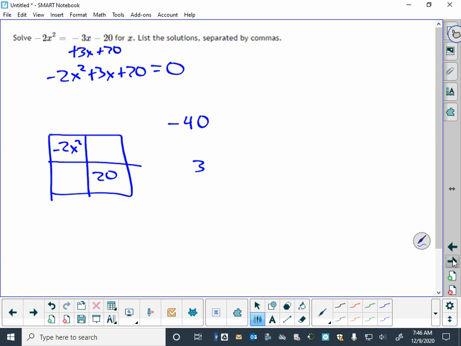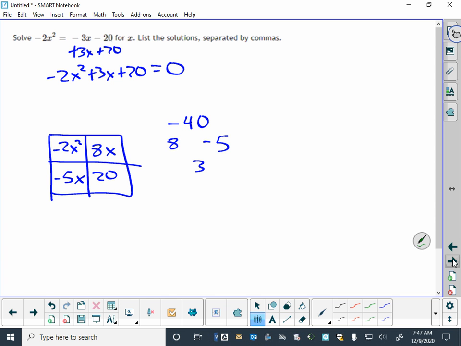The 4 and the 10 are too far apart. 20 and 2, it's obviously not going to do it. 8 and 5, however. So if I had a positive 8 and a negative 5, that would give me a 3. So I'll put an 8x and a negative 5x.